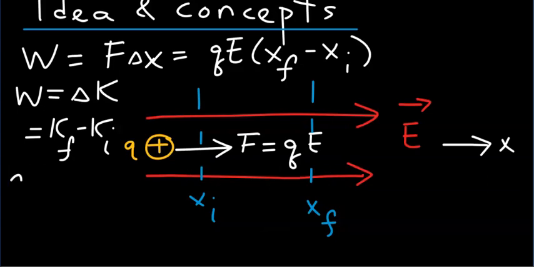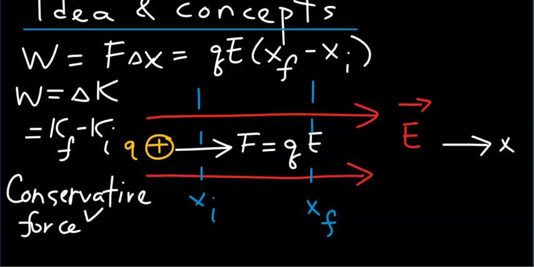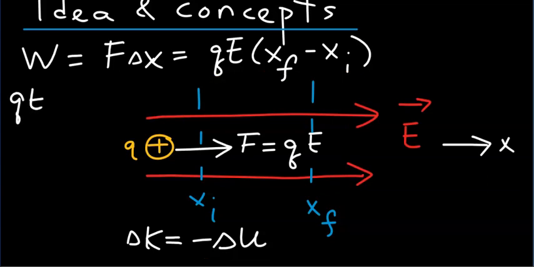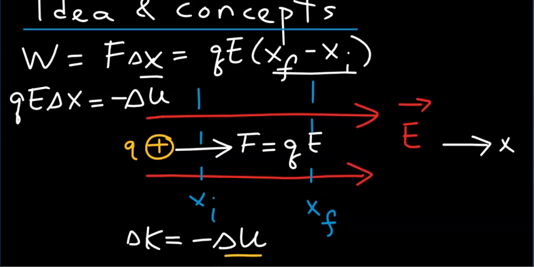Now, since we are dealing with a conservative force here, the change in the kinetic energy must be negative the change in the charge's potential energy. Thus, equating this expression to that expression, we get the following: QE delta x, with delta x equal to that, equals minus delta U, where delta U is the change in the potential energy of the charge.